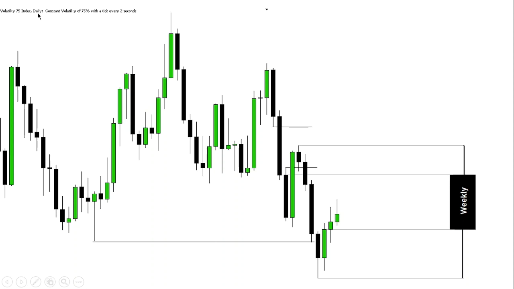From the daily time frame, you're going to have levels in price that will give you some information on where the weekly candlestick could possibly expand to.